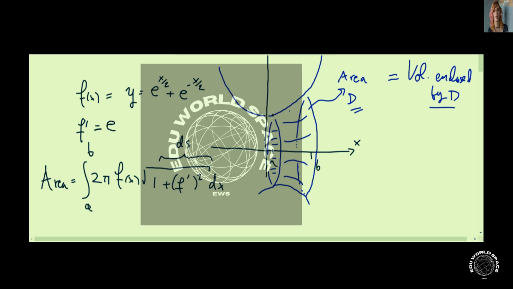would be e to the x halves, but by the inner derivative we get a half. And then for this one we have also e to the minus x halves, but by the inner derivative we get a minus a half.